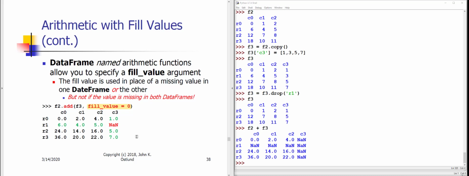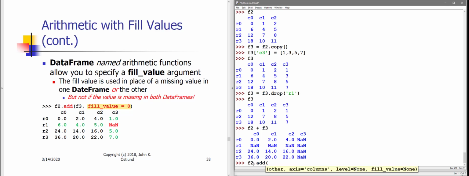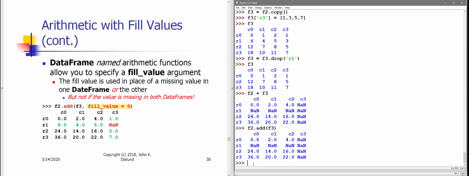So we're going to use a fill value of 0 here. And instead of saying F2 plus F3, we're going to say F2 dot add F3. That's the same thing as doing a plus, but we're going to say F2 dot add F3 with a fill value equal to 0.